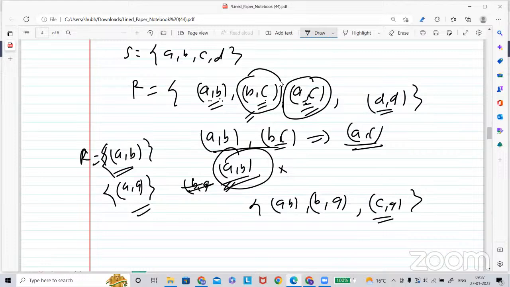But if the condition itself is not followed, suppose this one is not there, how will you talk about this one? Still it will support.